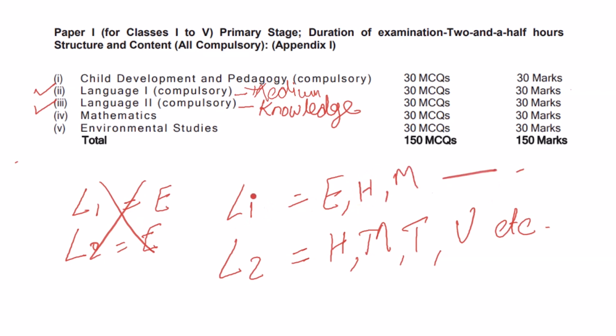Now which one to choose? Should I choose language 1 as English, or should I choose language 2 as English or Hindi? This is a common confusion that many students face, and I'll give you a very easy way of choosing language 1 and language 2.